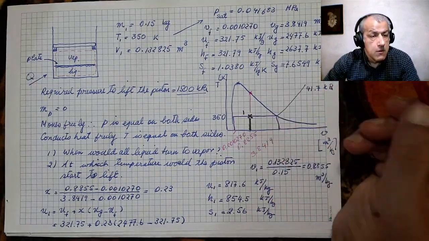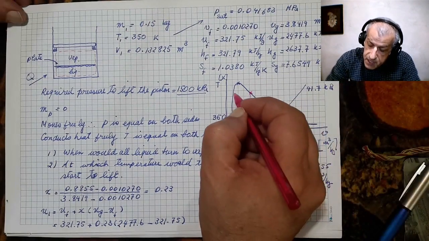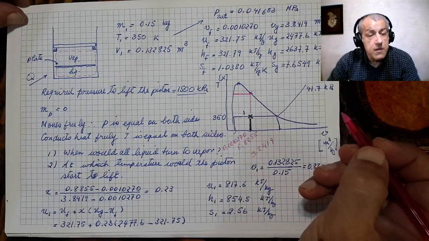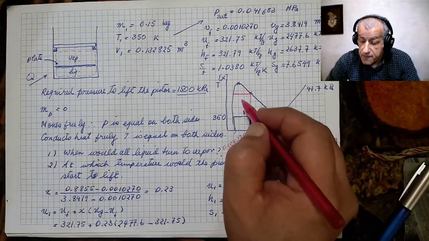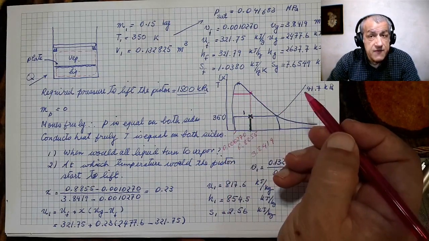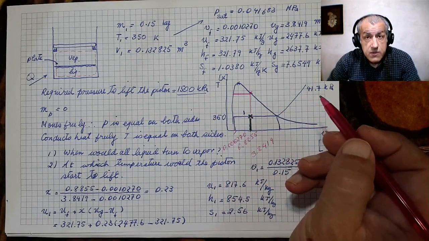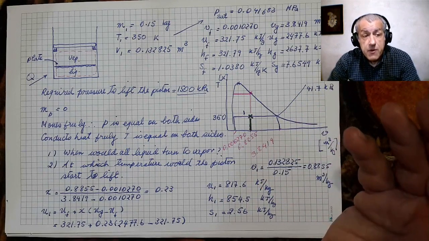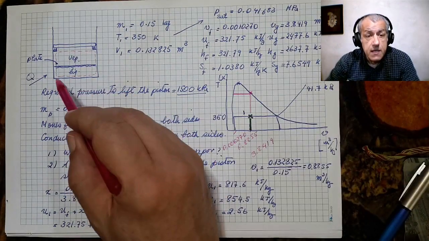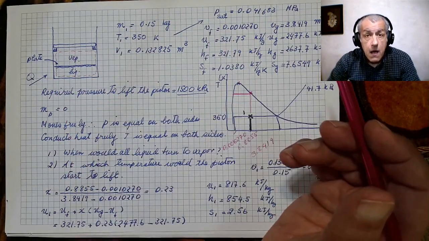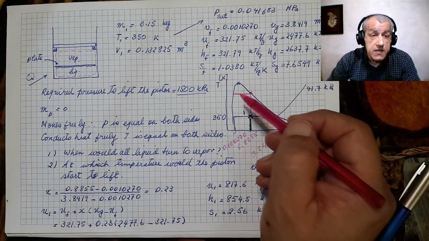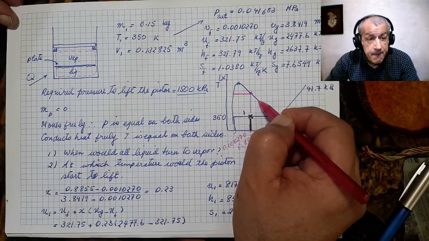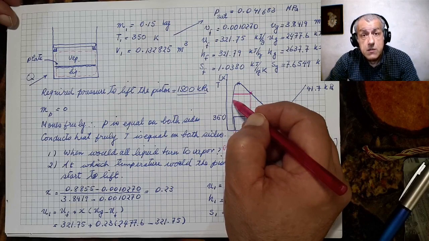Now, there are two questions. Is the pressure here 1500 kilopascals, or is it less? If it is less than 1500 kilopascals, we conclude that we first reach the saturated vapor for all that there is inside, and otherwise the piston would first be lifted. If 1500 kilopascals is somewhere here, then the piston would start to lift.